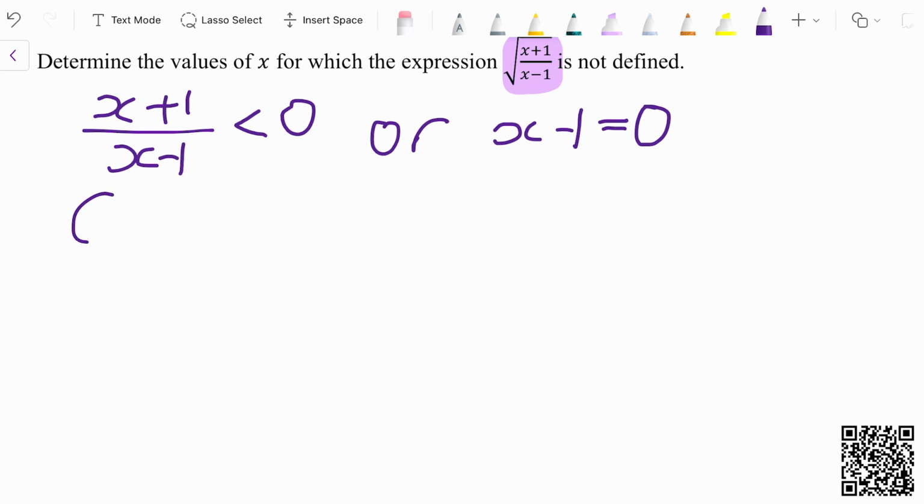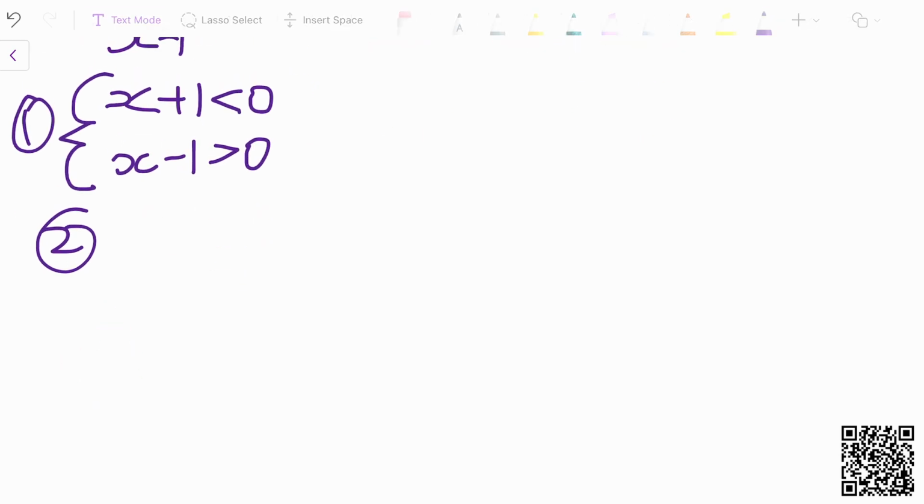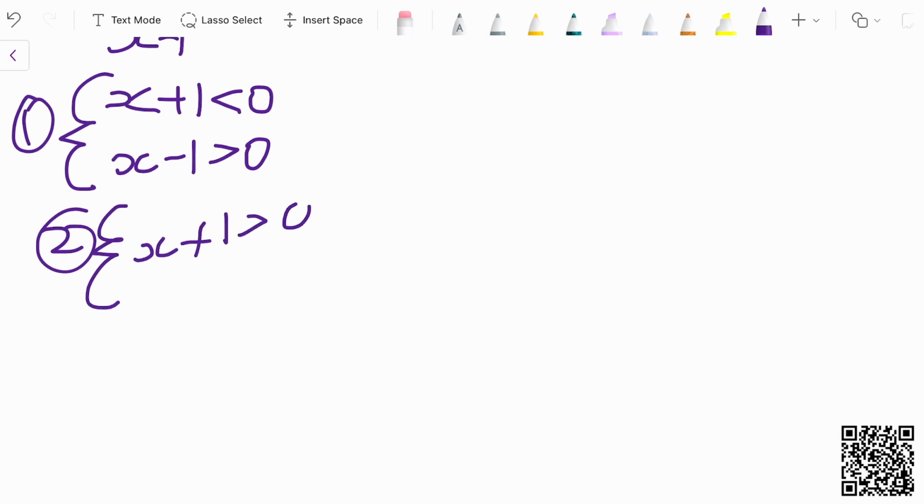So basically, there are two circumstances under which this would happen as well. x plus 1 is less than 0 and x minus 1 is greater than 0, or under circumstance 2, x plus 1 is greater than 0 and x minus 1 is less than 0. So we can solve for both to see which one would actually work, because there are some circumstances which just don't fit. And you'll see what I'm talking about very soon.